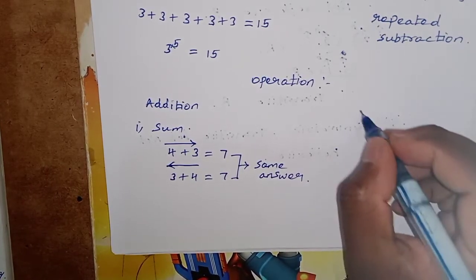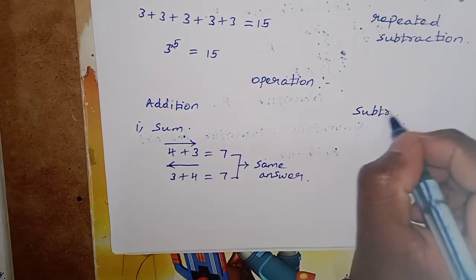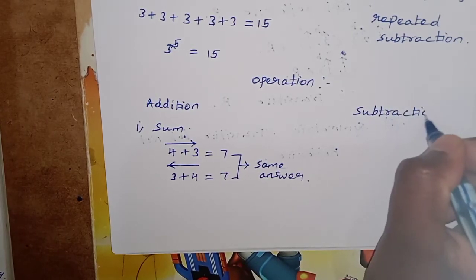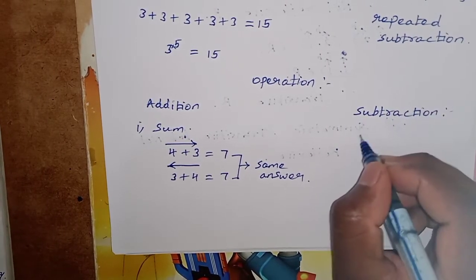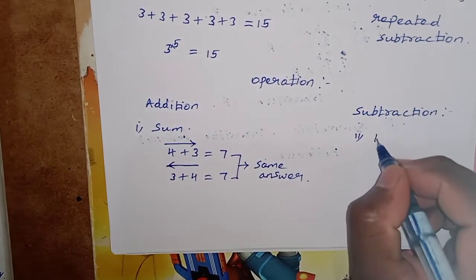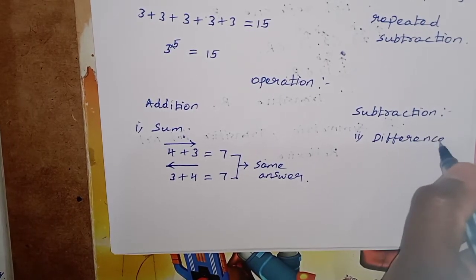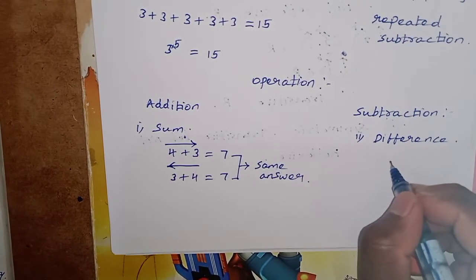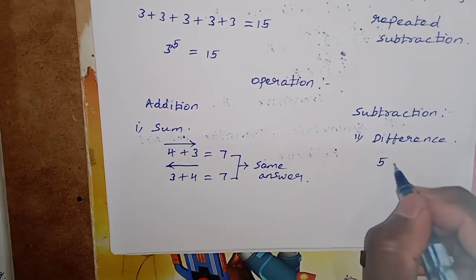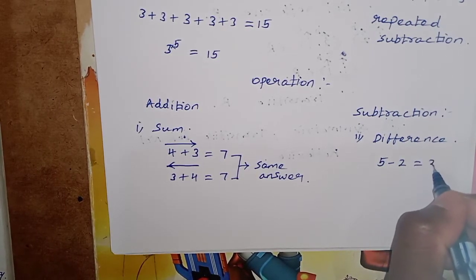For subtraction, here the sum, therefore here the difference. For difference, 5 minus 2 equal to 3.